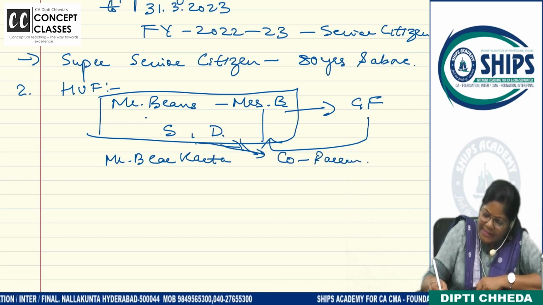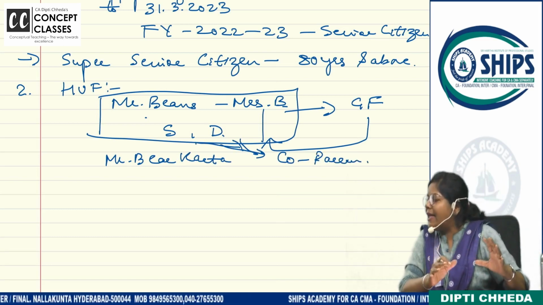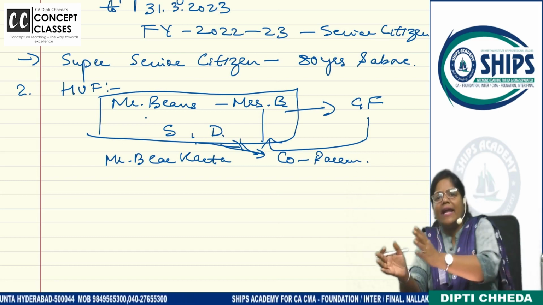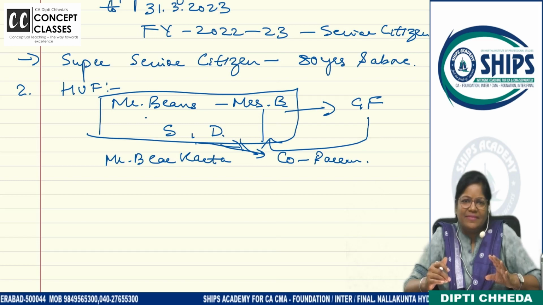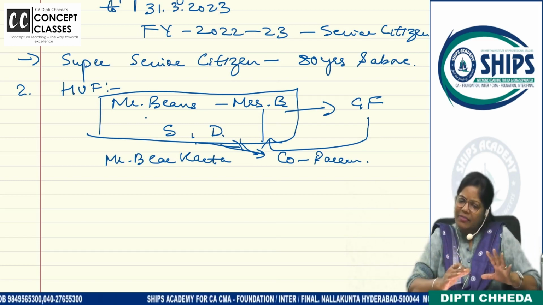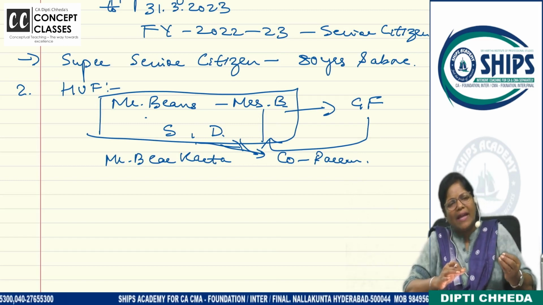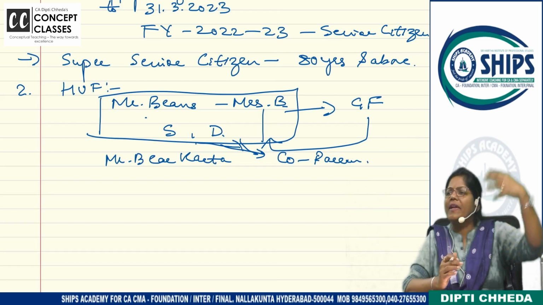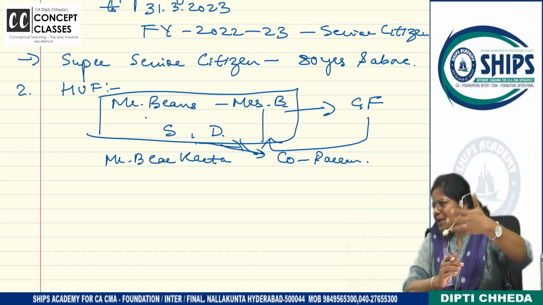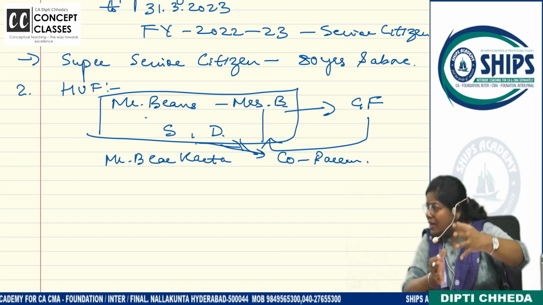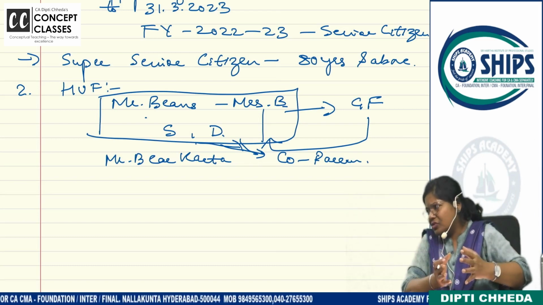And they will file the return, or they will show, calculate income separately as income of Mr. Beans HUF. Clear or not? Mr. Beans individual, his salary income, his bank interest, done. Mr. Beans HUF income, whatever ancestral jewelry, property, कुछ jewelry sell की, कुछ property rent पे लगाए, whatever income they are having of the joint family.